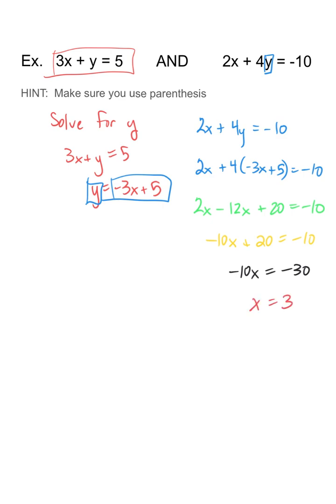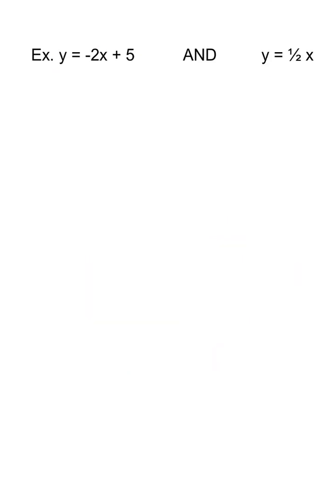Again, that's great. Now I need to plug in the y value. So y equals -3 times 3 plus 5. y equals -9 plus 5. y equals -4. So then I say the solution is 3, -4.